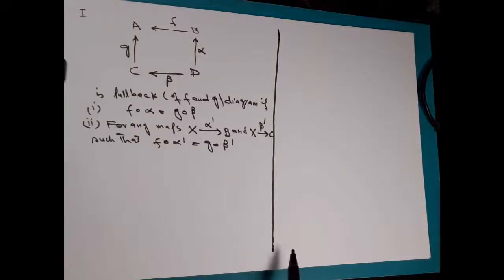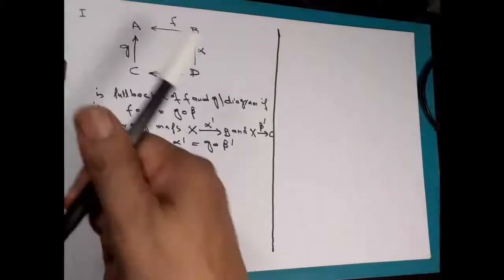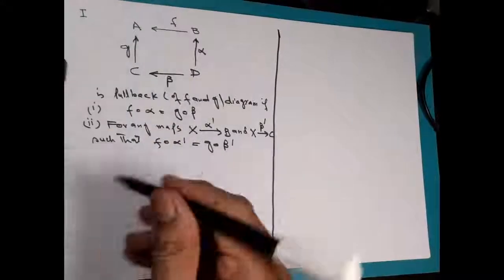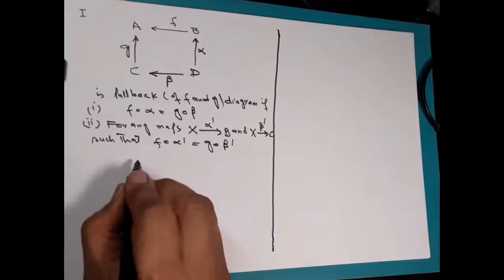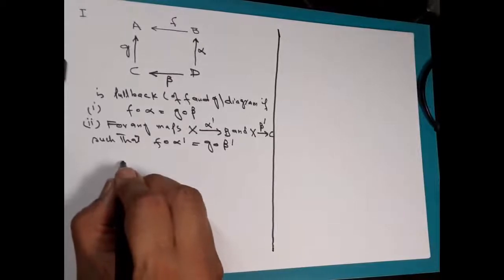Let me draw the diagram first. So this is the commutative square we have already discussed.